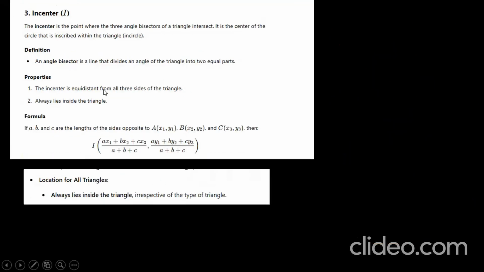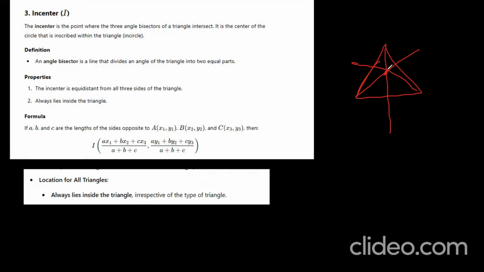Next, incenter. The incenter is the point where the three angle bisectors of a triangle intersect. This is my triangle. If I draw the three angular bisectors like this, they meet at a point, the center of the circle inscribed within the triangle.